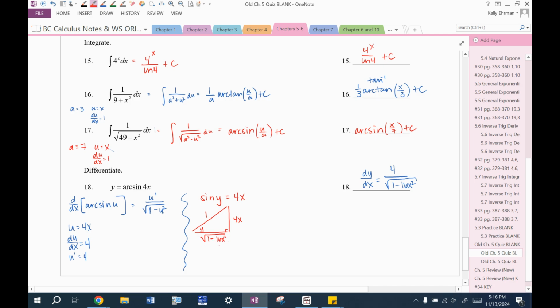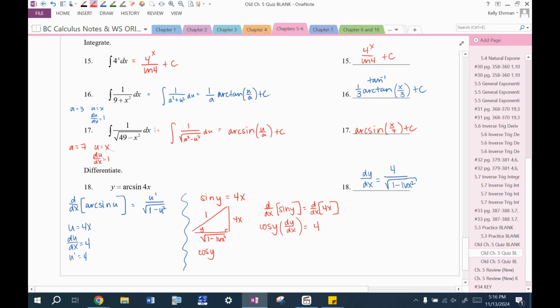That's the missing leg. And then you want to take the derivative with respect to x of sine y and the derivative with respect to x of 4x. The derivative of sine is cosine y, and because that was in terms of y, we need to chain rule, dy dx. The derivative with respect to x of 4x is 4.